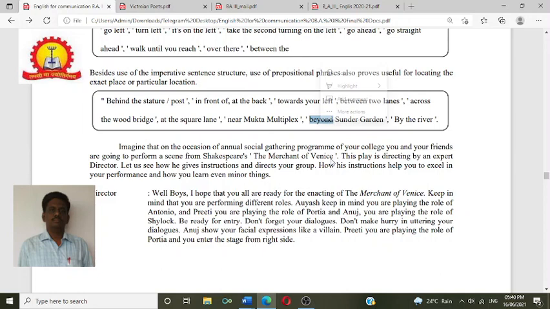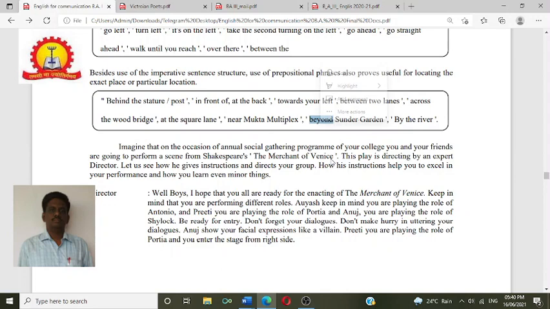Director: Well, boys, I hope that you all are ready for the enacting of the Merchant of Venice. Keep in mind that you are performing different roles. Ayush, keep in mind you are playing the role of Antonio, and Preeti, you are playing the role of Portia.